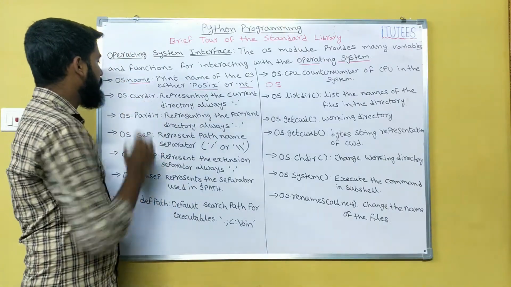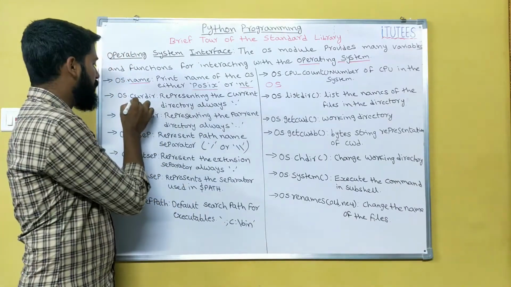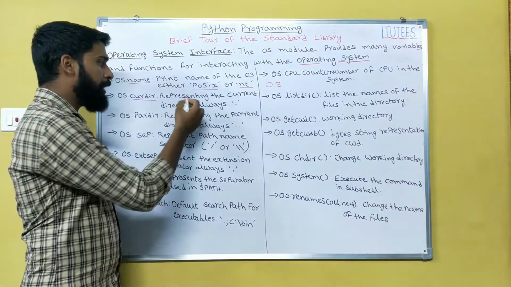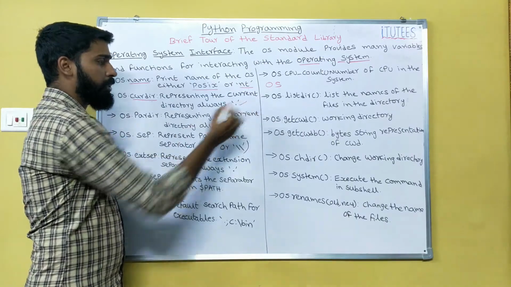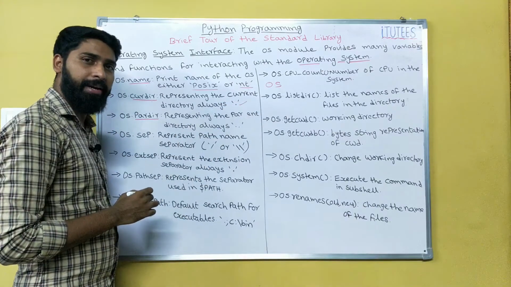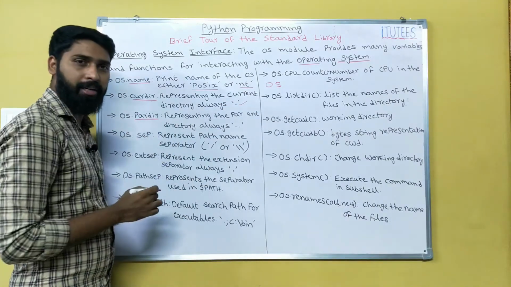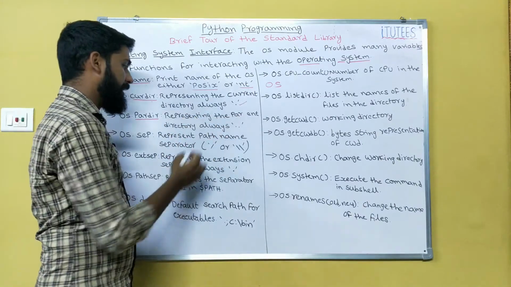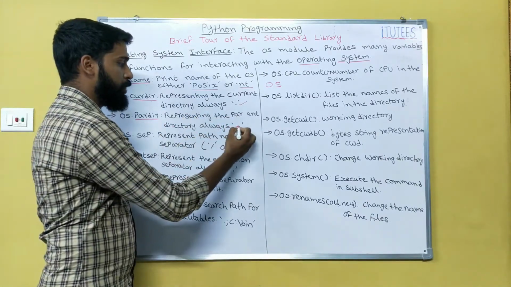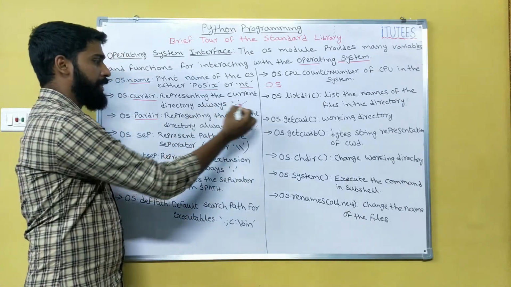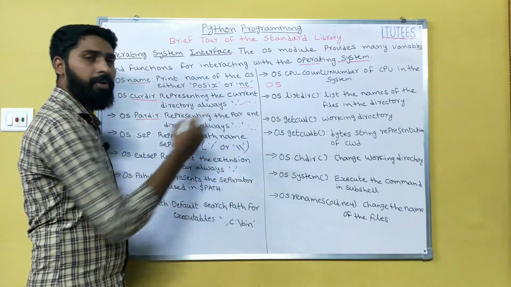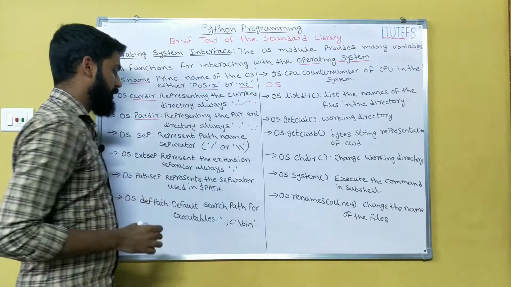Next one, os.curdir, representing the current directory. It is always one dot. os.pardir means parent directory, and it is always two dots.